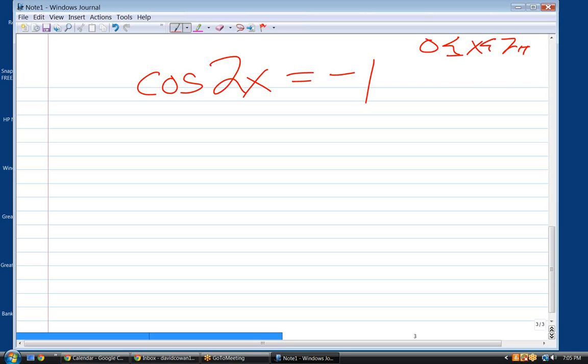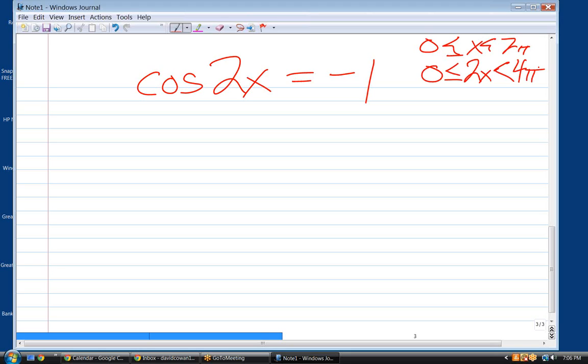So let's talk about the domain of 2x. What is the domain of 2x? 0 to 4 pi. Oh, right. In other words, we would multiply everything by 2, so the domain of 2x would still be 0 on the low end, but on the upper end it's 4 pi.